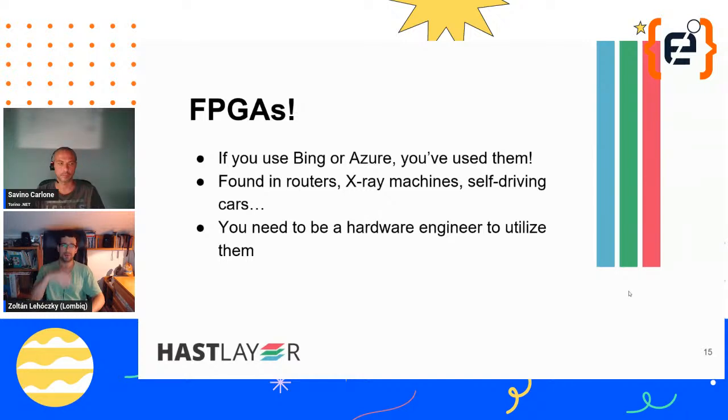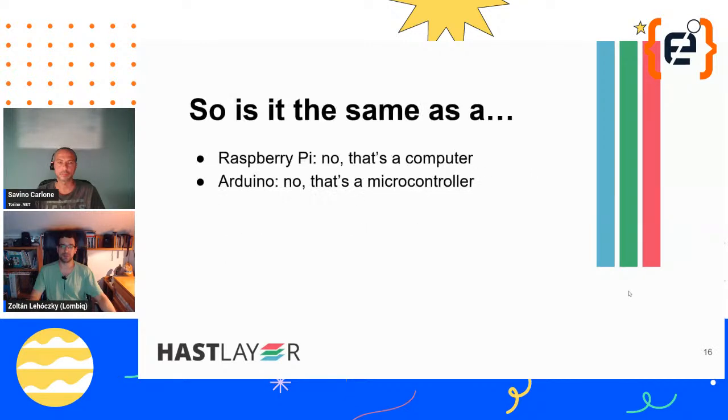And sometimes FPGAs can also be found in household appliances like routers and less household appliances like X-ray machines or self-driving vehicles. Now, there's one peculiarity to them though. To utilize FPGAs, you have to be a hardware engineer because it's pretty much designing a chip, so you need to possess hardware engineering knowledge.